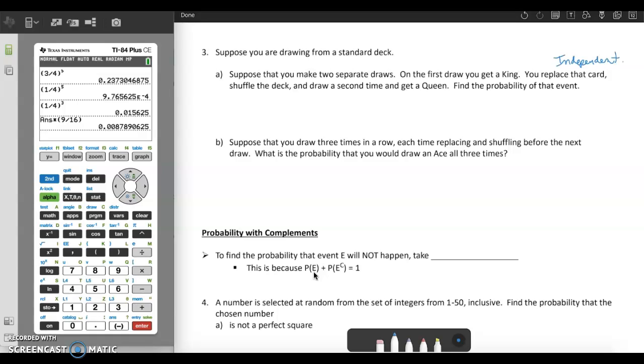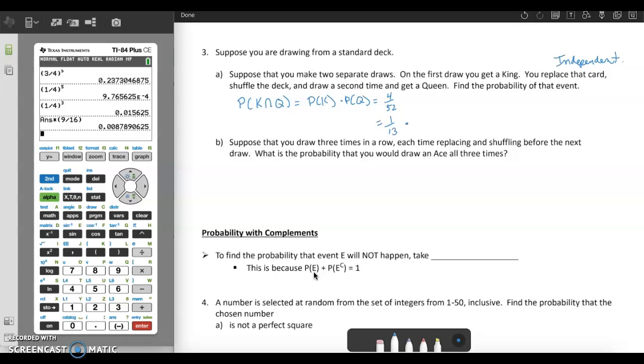So what's the probability of getting, I'm going to call it king intersect queen. What's the probability of getting a king first and then a queen? I can take the probability of getting a king and multiply that by the probability of getting a queen. If we remember from our cards probabilities, there are 4 kings, so the probability of getting a king is 4 out of 52, which is the same thing as 1/13.